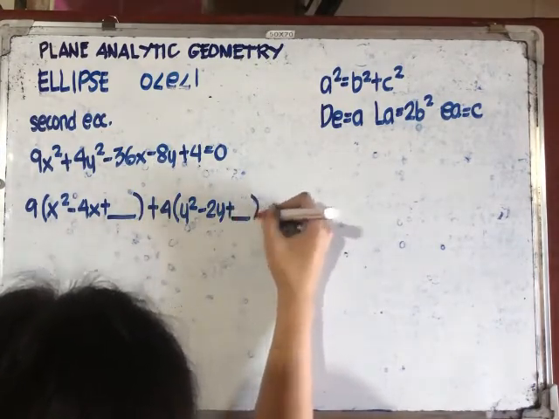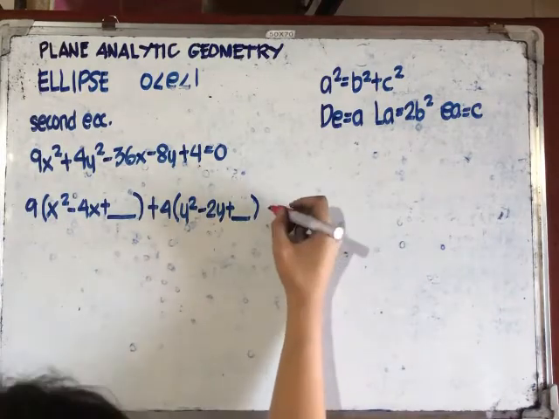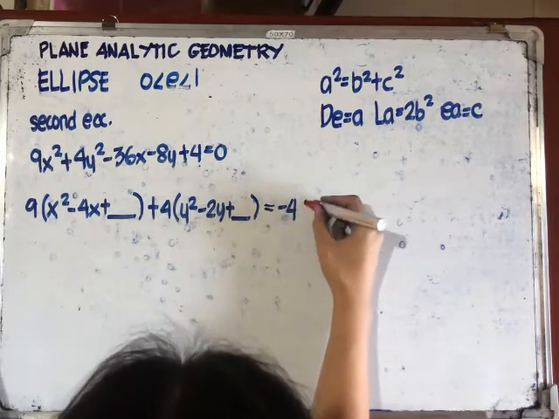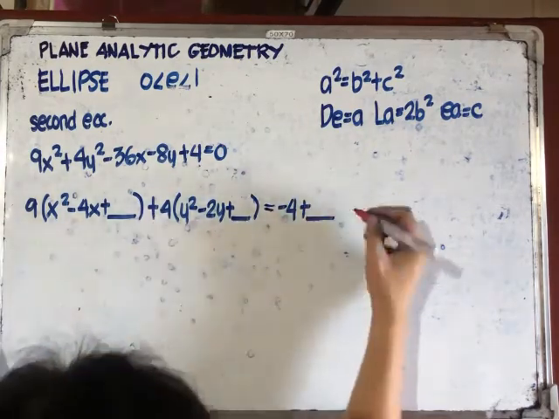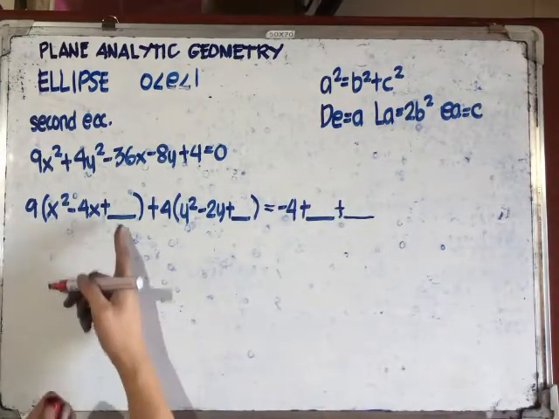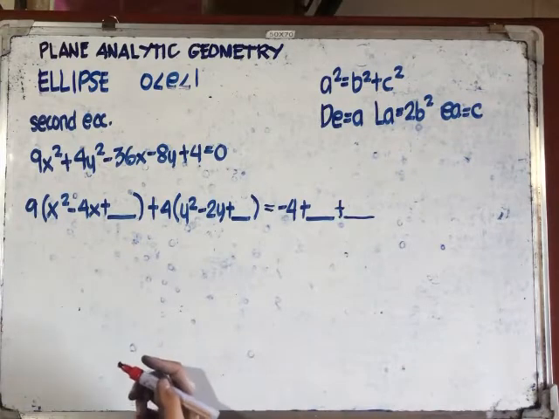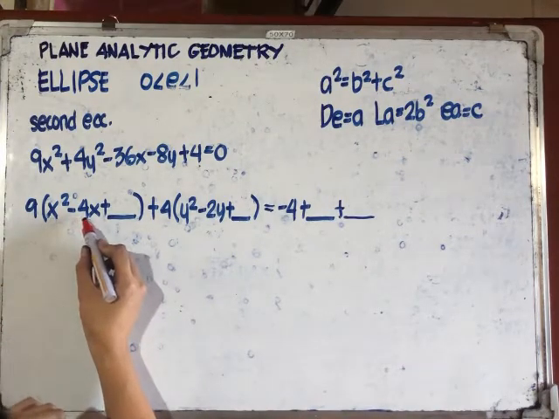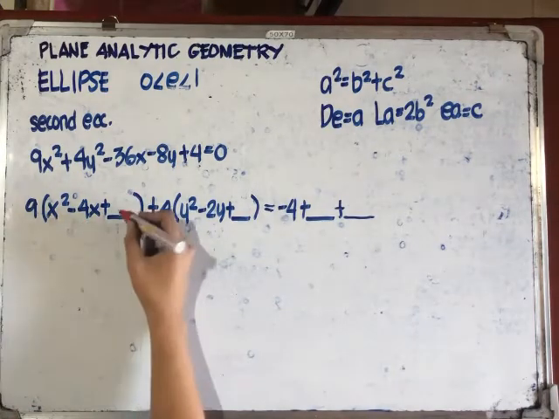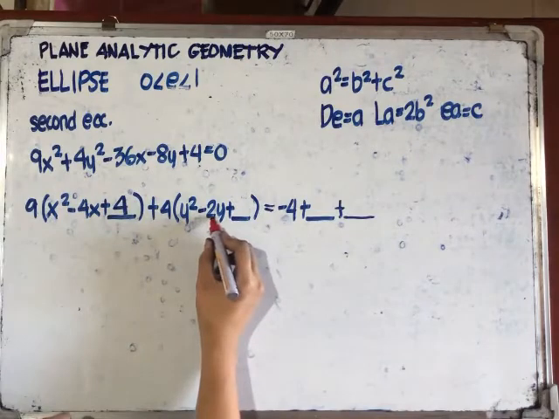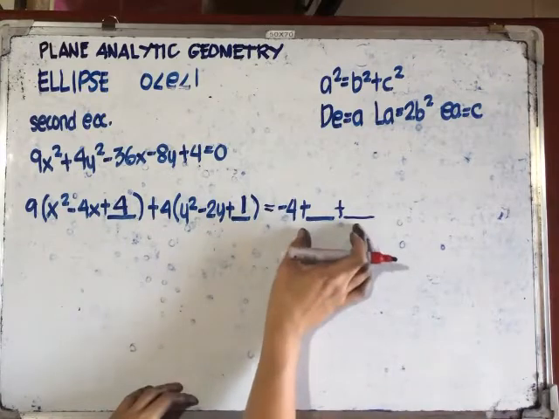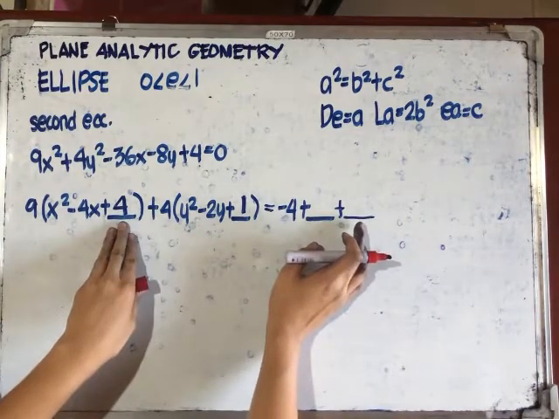Plus, yung i-add natin value to complete the square is equal to, may positive 4 tayo na ililipat natin on the other side. Plus, dito ngayon yung in-add mo dito sa first part, and then plus ulit sa in-add mo dito sa second part. So, to complete this square, anong kailangan nating number? Okay, divided by 2 mo itong gitna, tapos i-square mo yan. So, 4 divided by 2 is 2, tapos square mo, that is positive 4. 2 divided by 2 is 1, i-square mo yun, that is positive 1. So, basically, mag-add ka dito, pero ang i-add mo is hindi 4 and 1 lang.